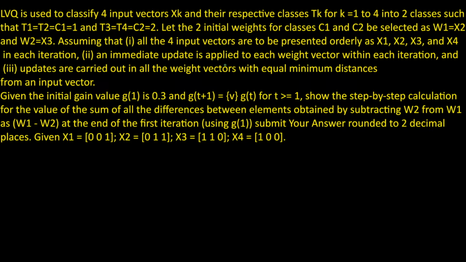Now let's go ahead and do it step by step. First, let's create a table. Here we have k from 1 to 4 and also 4 x values, and they have also mentioned that t1 and t2 are equal to 1 and t3 and t4 are equal to 2. So we have to put a table for this information.